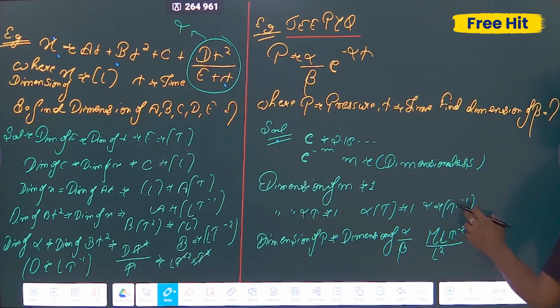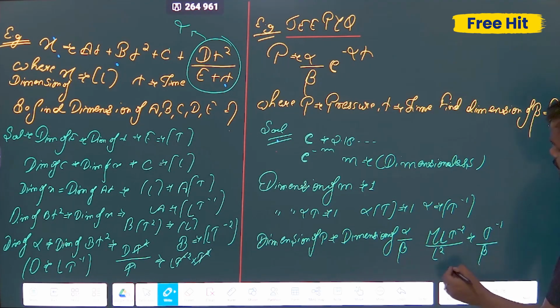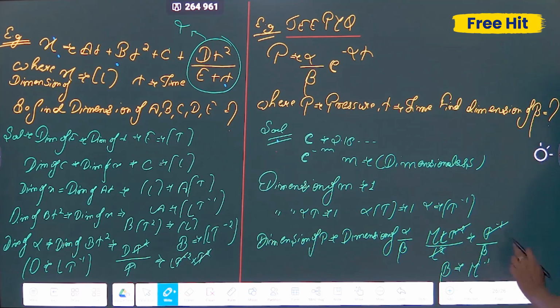And the dimension of alpha, we have calculated, is T minus 1. So from here you get the dimension of beta. If you cancel out everything, bring M here and take it reverse, you will get M minus 1, and L to the power minus 1 becomes L, and T minus 1 becomes T. So this is M minus 1 L T.